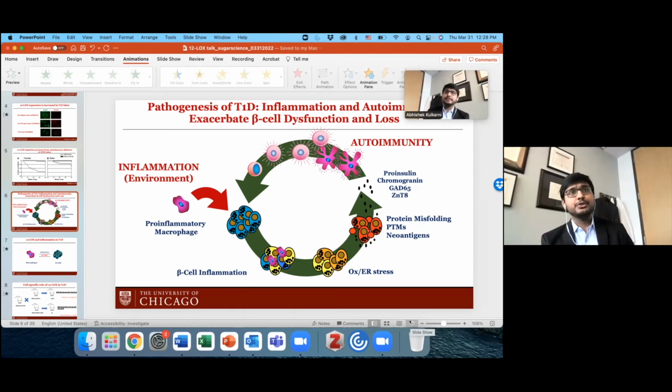It has been shown to promote non-alcoholic steatohepatitis. Then 12 LOX has been widely studied in cancers. It is known to promote tumor metastasis as well as all the related inflammatory signaling.